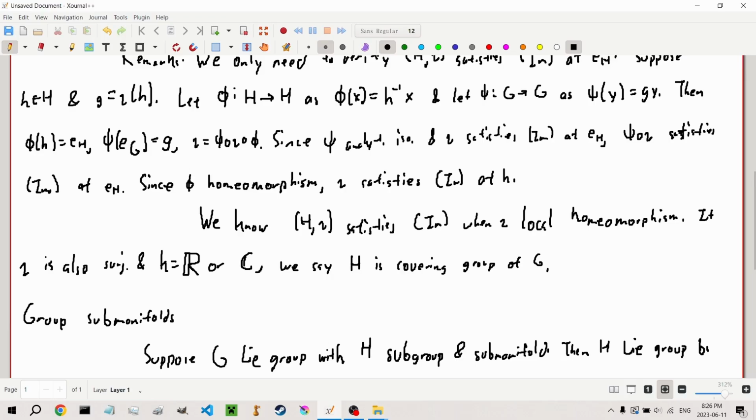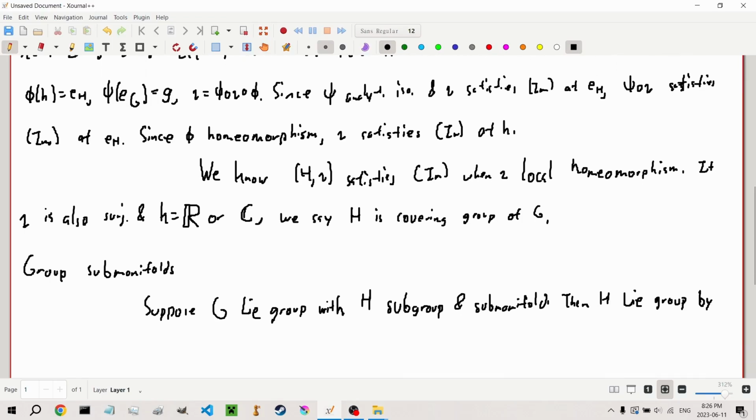This is actually by our previous section, with iota from H to G being an inclusion, and so obviously a continuous homomorphism and an immersion.